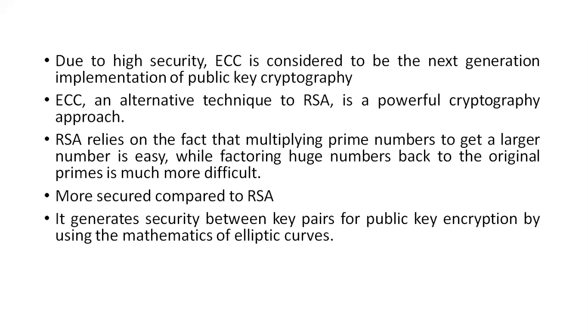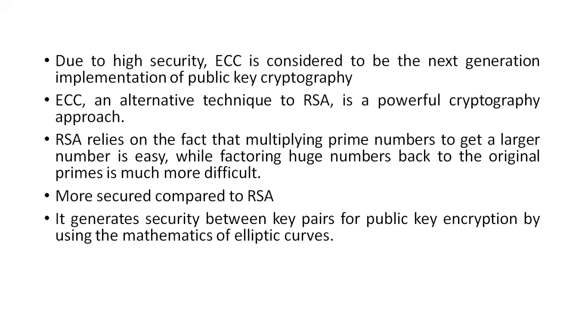It utilizes the principle that multiplying prime numbers to get a larger number is easy, while factorizing a large number back to the original prime numbers is more difficult. They utilize this feature for creating ciphertext from plain text. So this property of prime numbers is utilized in the design of the encryption and decryption algorithm in RSA, whereas the ECC algorithm utilizes the property of elliptical curves for designing the encryption and decryption steps.